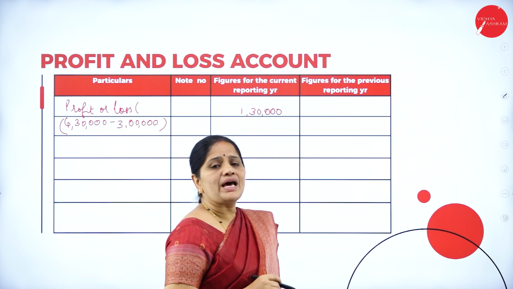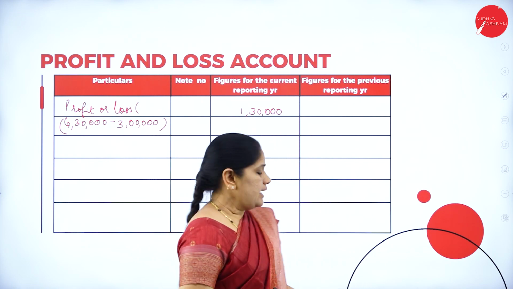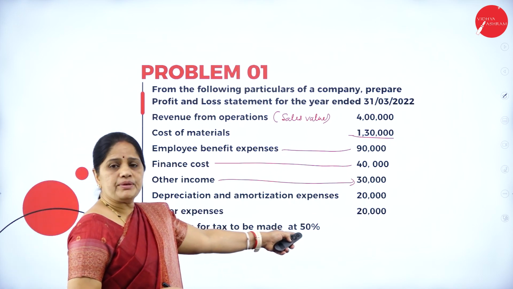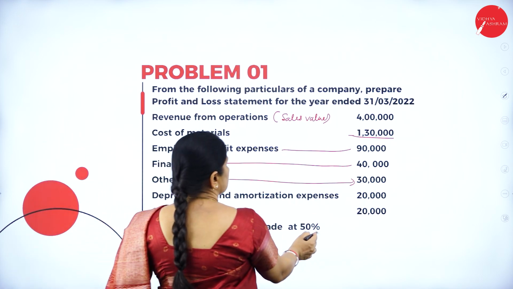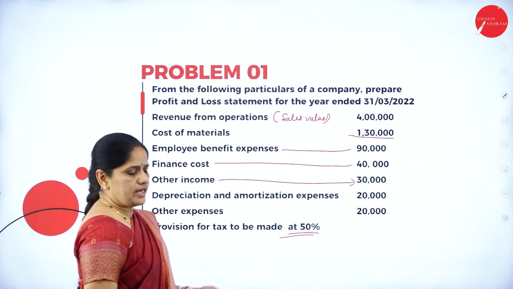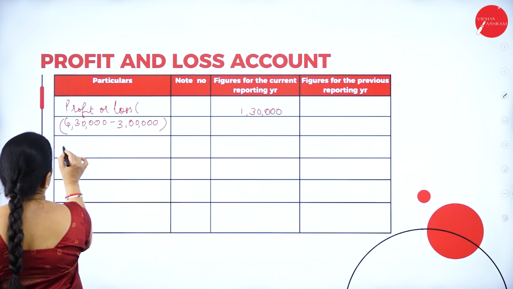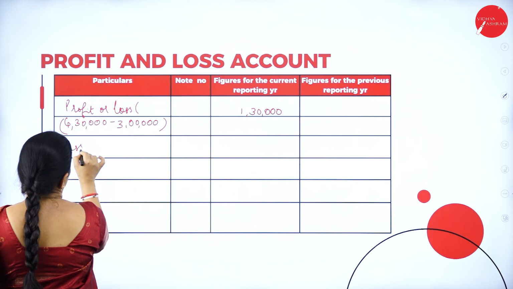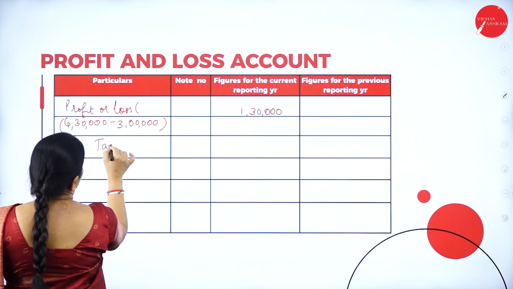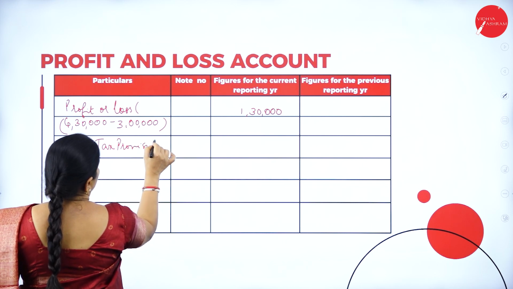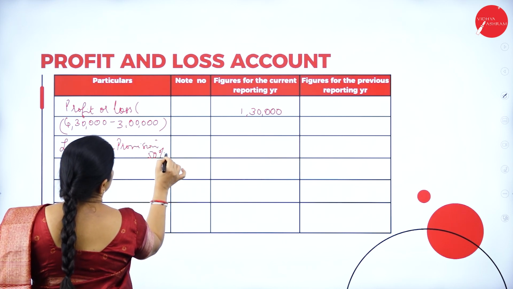Now from this 1,30,000, I have to deduct the provision for tax to be made at 50%. So there is a 50% provision for tax to be made. So I take less tax provision, 50%.